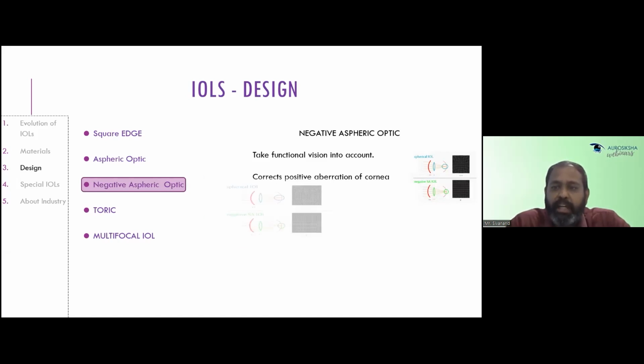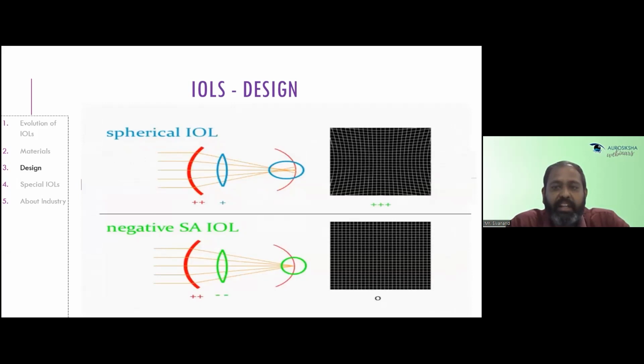So when we put a spherical IOL, then we are adding to the positive spherical aberration of the cornea. So the net result is a poorer outcome of the visual image.